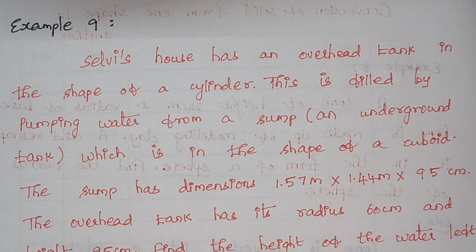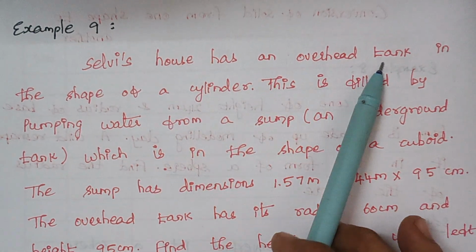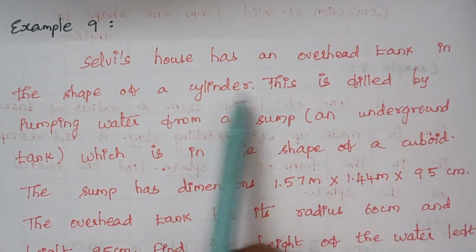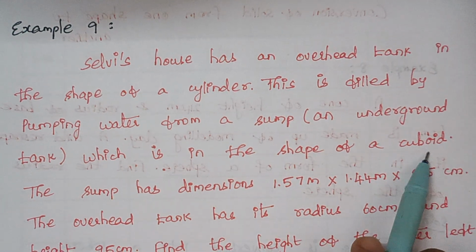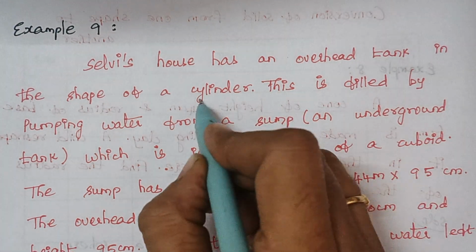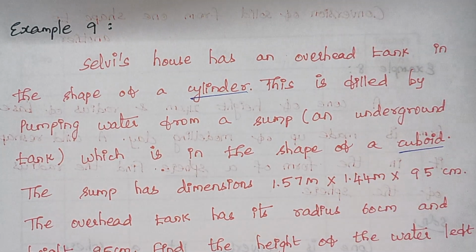Example 9. The problem is, Selvi's house has an overhead tank in the shape of a cylinder. This is filled by pumping water from a sump which is in the shape of a cuboid. So here come two different shapes: one is a cylinder and another is in the shape of a cuboid.